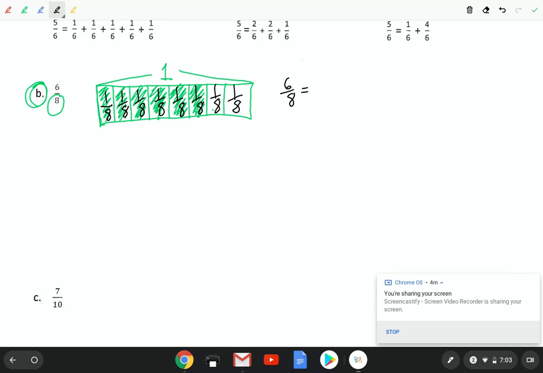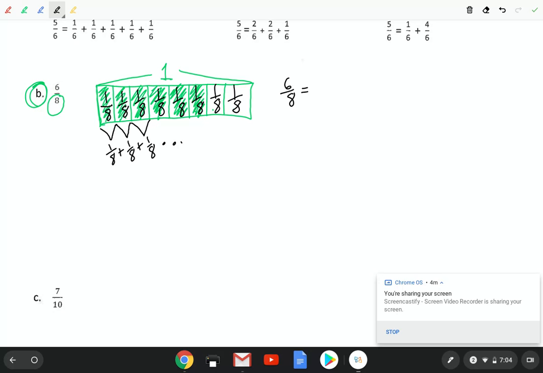Okay, the very first one that almost everybody says right away, we can look at the 8s individually and we can say, well, we could do 1/8 plus 1/8 plus 1/8 and so on until we have the 6/8.